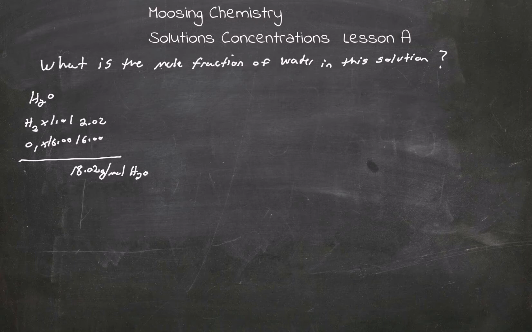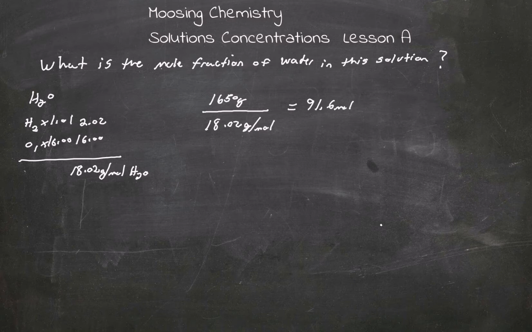Well, so we're going to take the grams of the solution, which was 1,650 grams, and divide it by 18.02 grams per mole of the water, which gives me 91.6 moles.